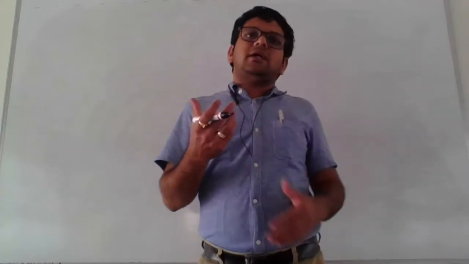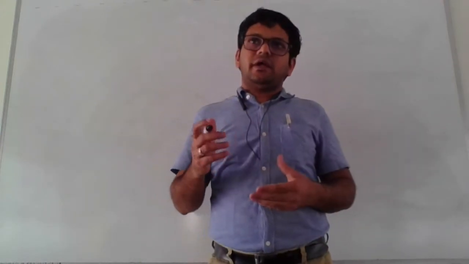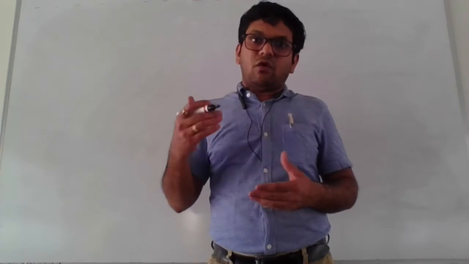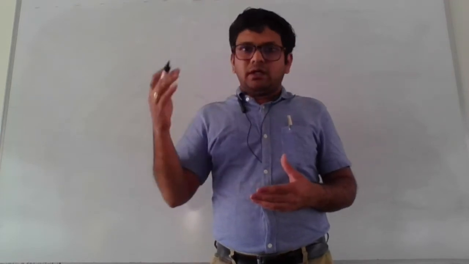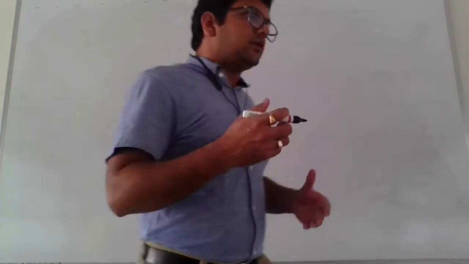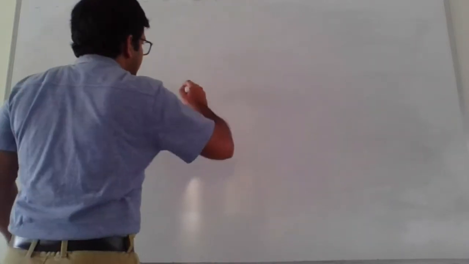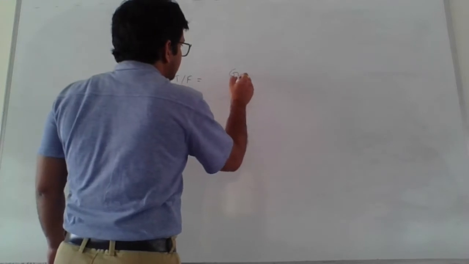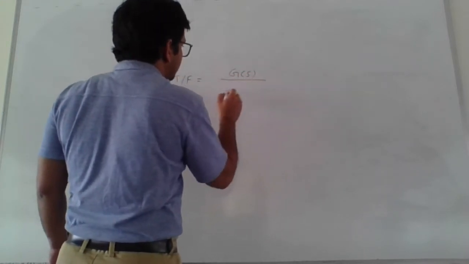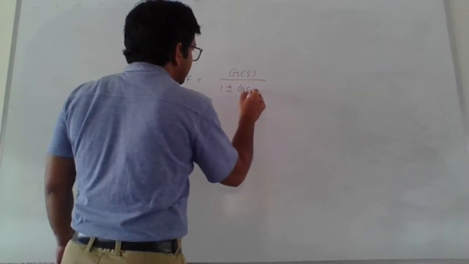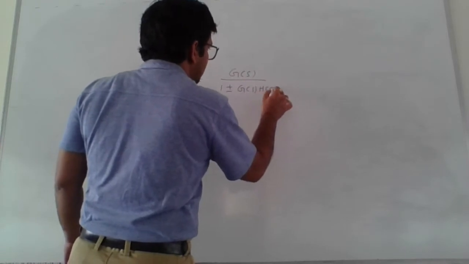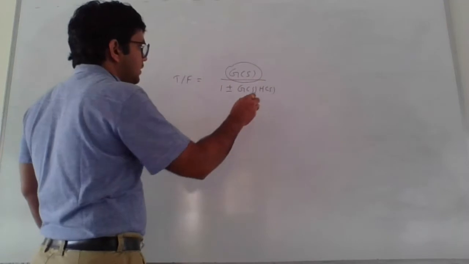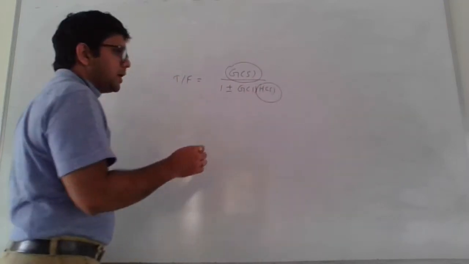In that example, H of s indicates the feedback path gain and G of s indicates the forward path gain, and finally we got the equation: the transfer function of any closed loop control system is G of s upon 1 plus minus G of s into H of s, where G of s indicates the forward path gain and H of s indicates the feedback path gain.